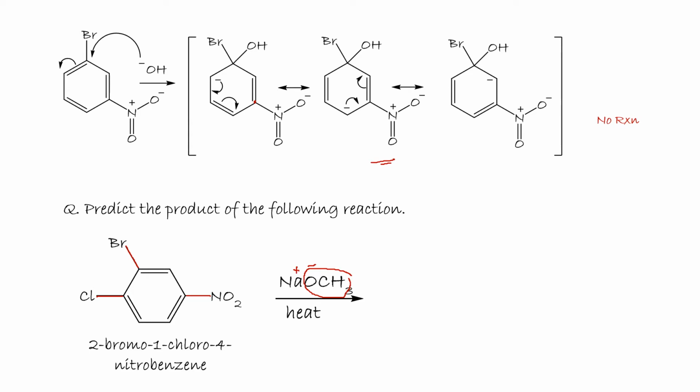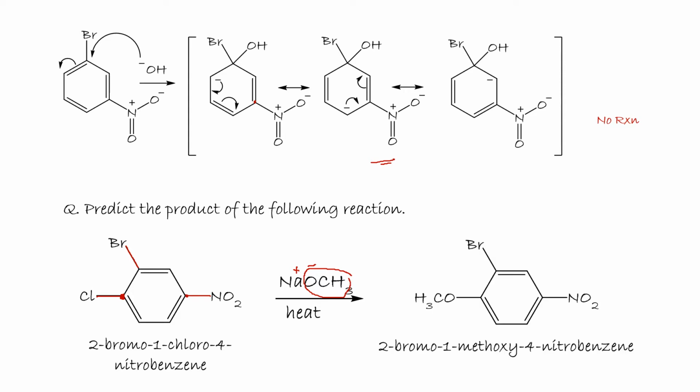So the methoxide will react on this carbon, which is para to the NO2, and then replace the Cl. And the product will be 2-bromo-1-methoxy-4-nitrobenzene.